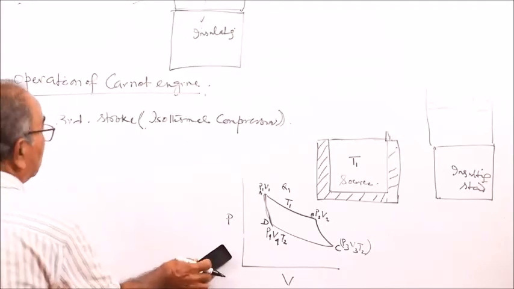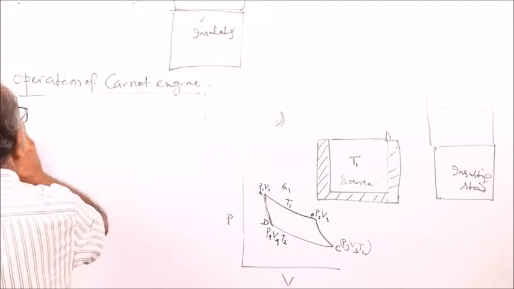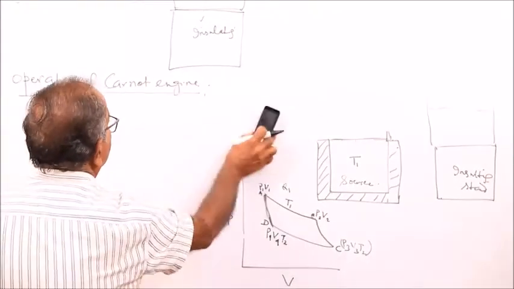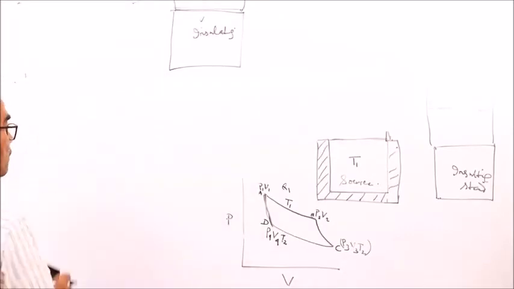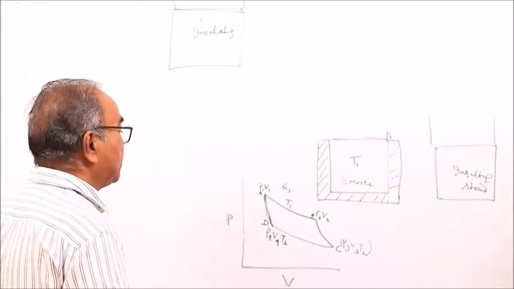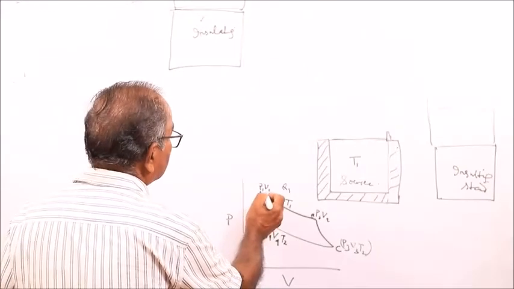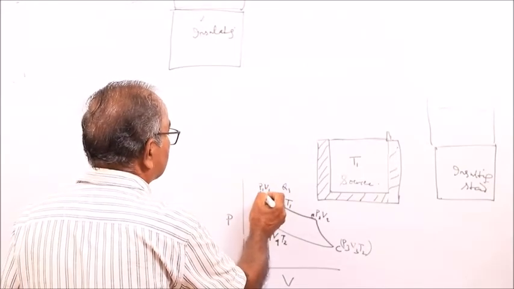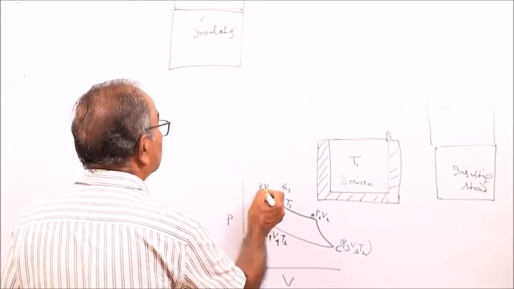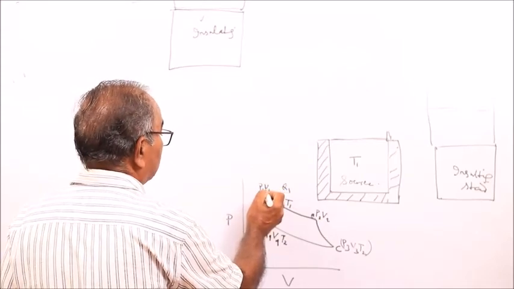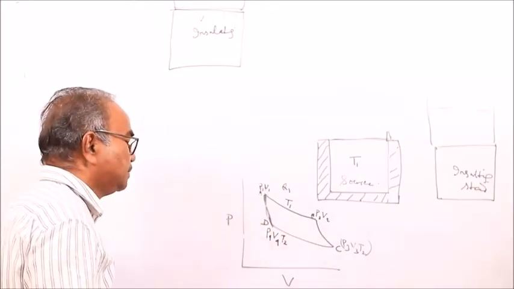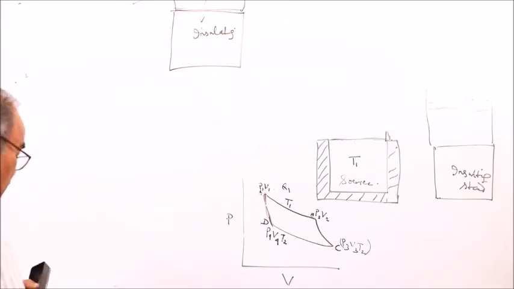By doing these four operations, we reach the original condition of the gas: pressure P1, volume V1 and temperature T1.